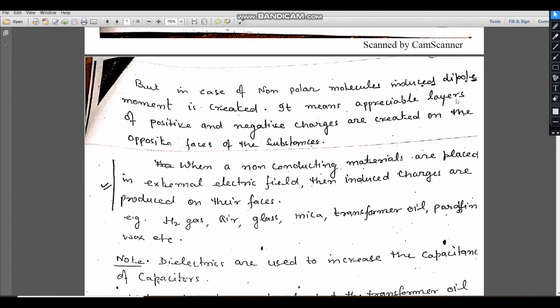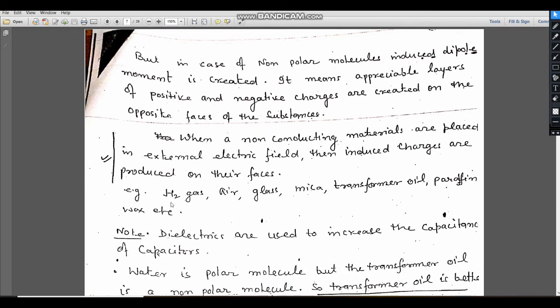It means appreciable layers of positive and negative charges are created on the opposite faces of the substance. So when non-conducting material is placed in an electric field, induced charge is produced on its faces. Examples are hydrogen gas, air, glass, mica, transformer oil, paraffin wax.